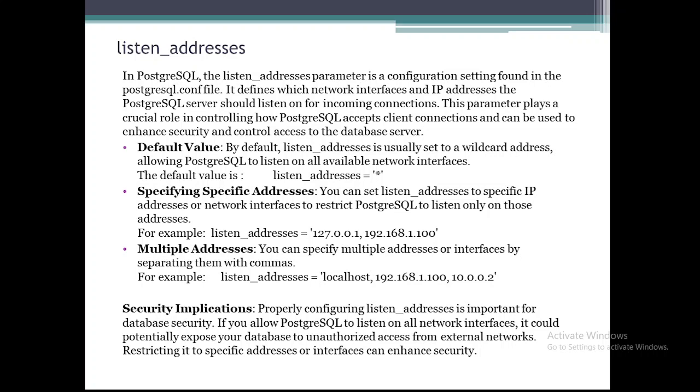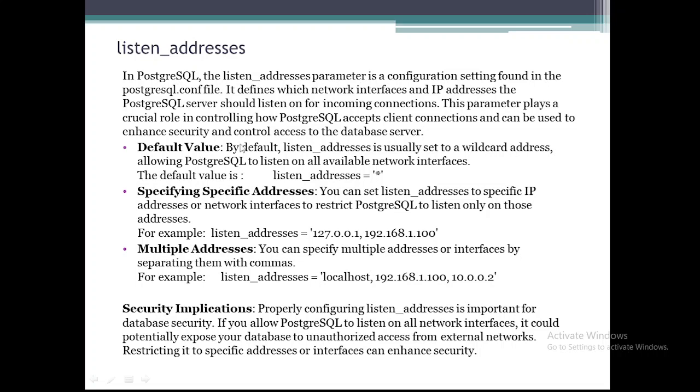This parameter plays a crucial role in controlling how PostgreSQL accepts client connections and can be used to enhance security and control access. If you haven't set the IP of your application in this, then it won't allow your standby server to access your master server.